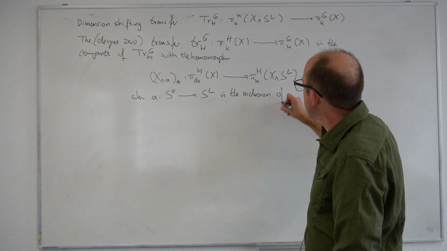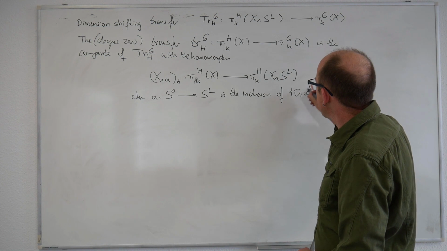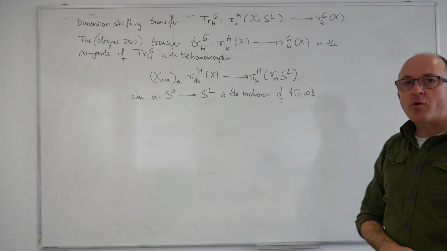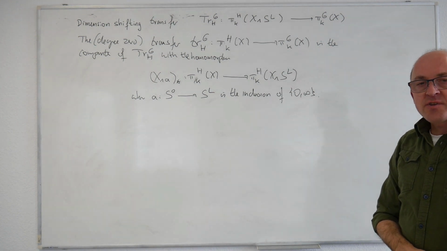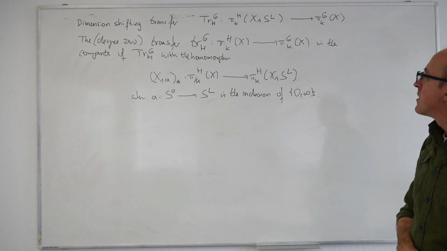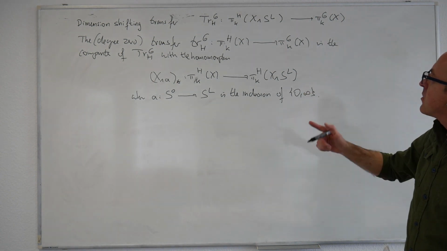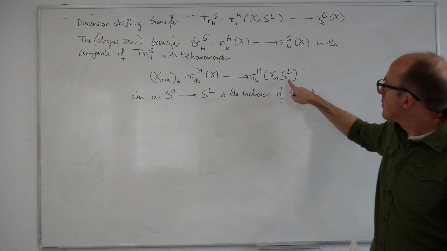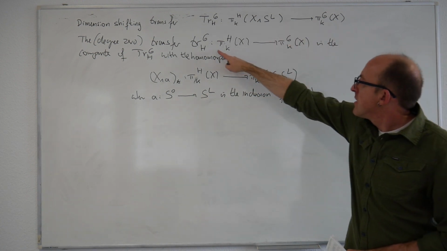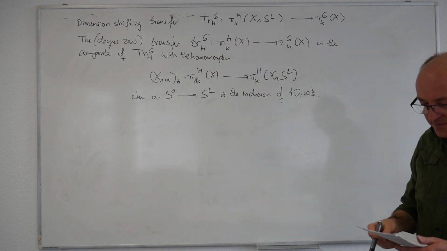This is the inclusion of 0 and infinity. Remember that infinity is always the base point. 0 is another fixed point that you have in every representation of a compact Lie group. It might or might not be the only other fixed point. So, as I said, the only difference is you first do this inclusion of the fixed points, and then you do the dimension shifting transfer, and then this composite is denoted little tr_H^G.